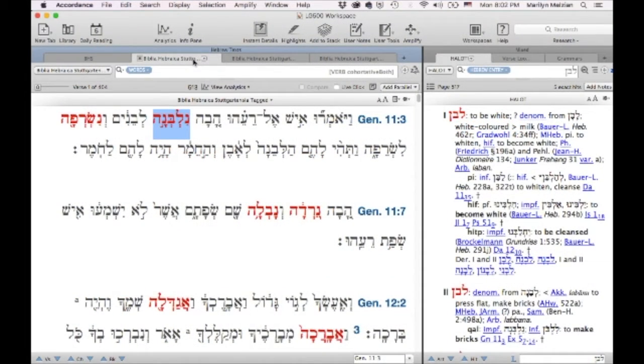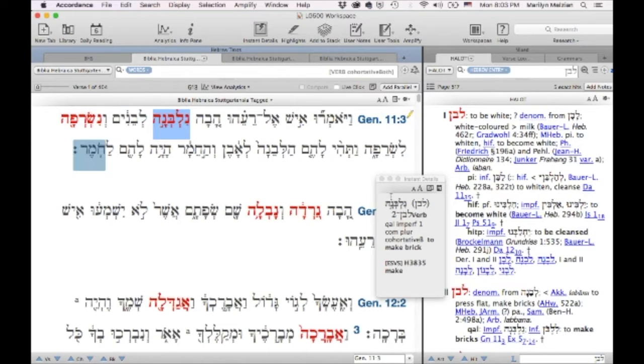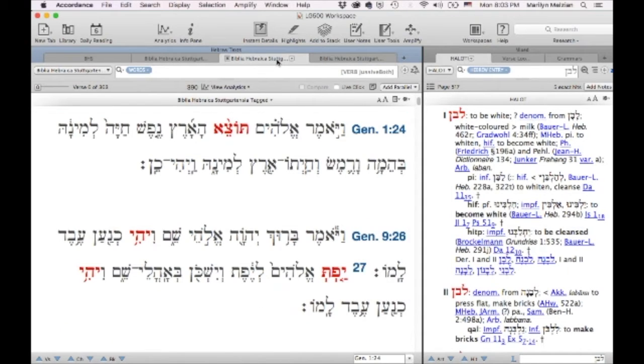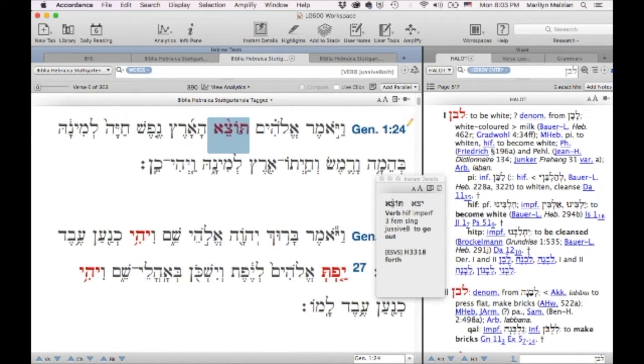Let's take a quick look at how Accordance marks these. In this particular situation, it tells you here that it's cohortative because it's a first person. In this situation, it is telling you it's a jussive. Okay, it's marking it as an imperfect, but a jussive.